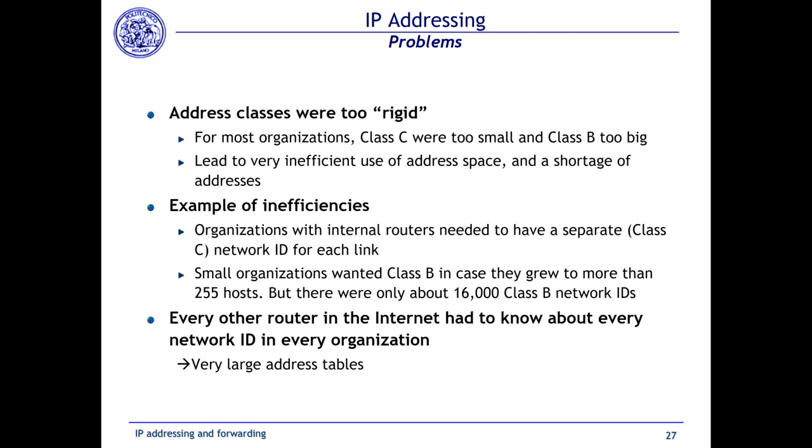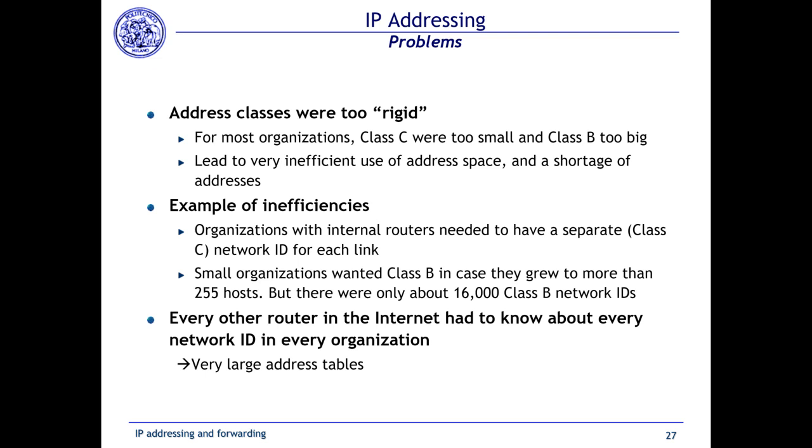If you even think about a small campus or a small company, the number of addresses is much larger than the number you can have with the class C network. Instead, in class B network, you have 2 to the 16 addresses available in each network, which is a very large number. So it's oversized compared to the needs of most cases.